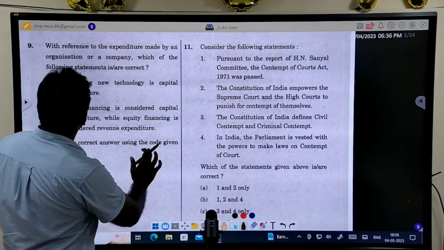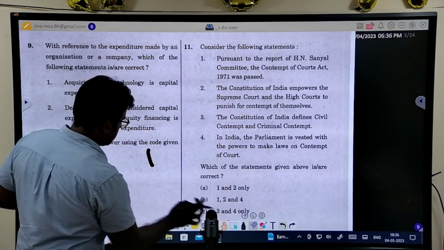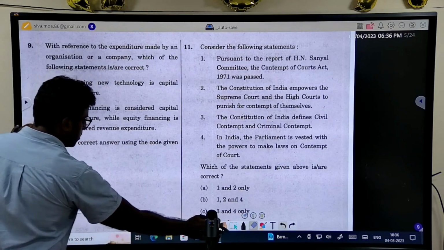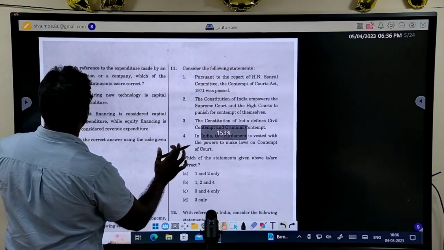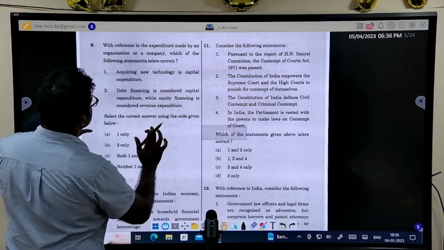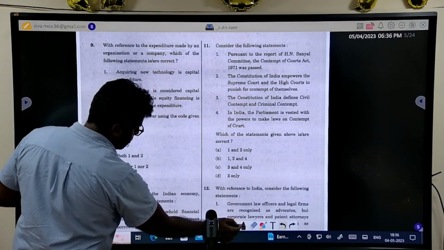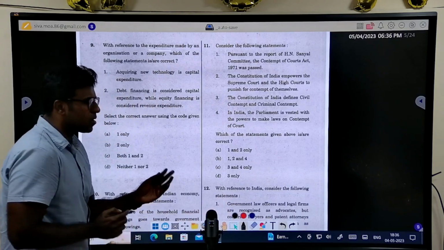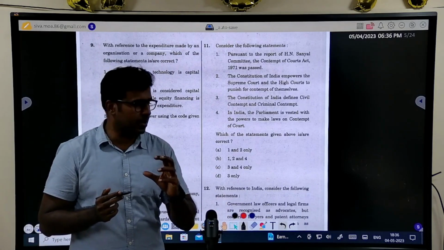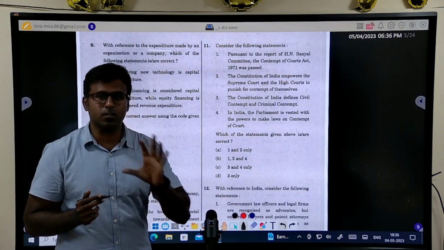Okay, so now next question. So this is the next question. Okay. With reference to, see, look at this. With reference to expenditure made in an organization, all pure, simple NCERT, simplest of language.